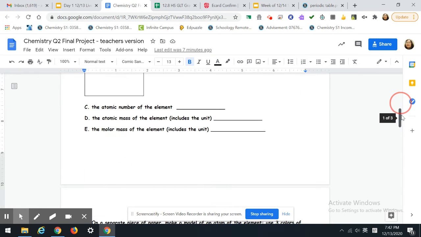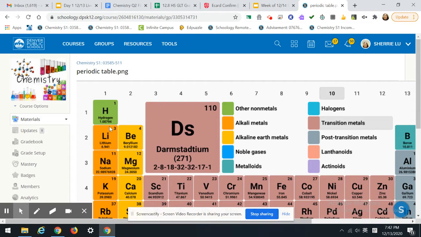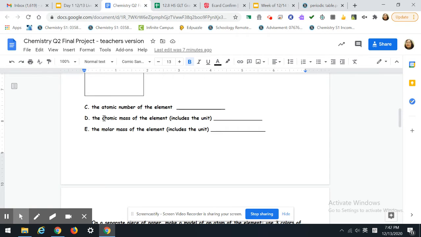And then the atomic mass of the element, again, is the number with decimal points. You don't have to write so many digits. You can just keep 3 digits after the decimal point. Okay, round it up or round it down. That should be good enough. The atomic number is the number of protons, which is the whole number in there.